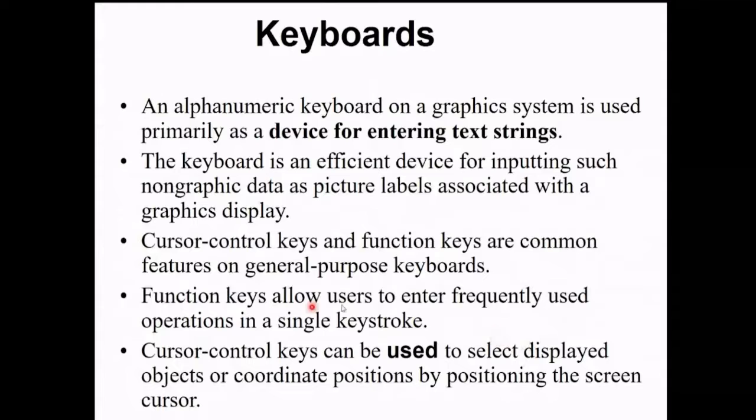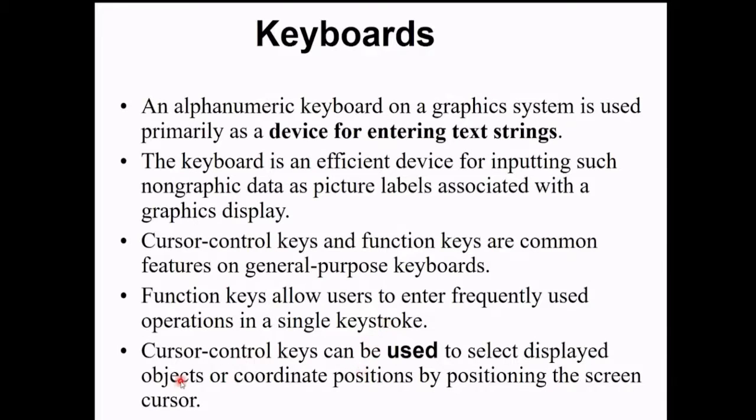You have this on your mobile device also: you use some special function keys and readily available things, and with a single swipe it prints particular characters. So these are the basic features you can avail from the keyboard.